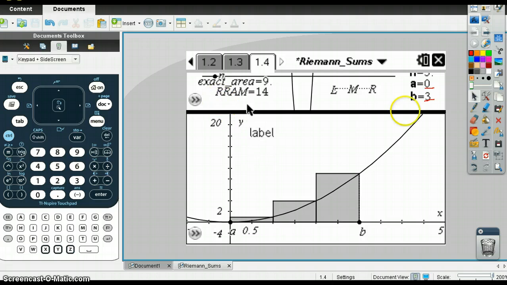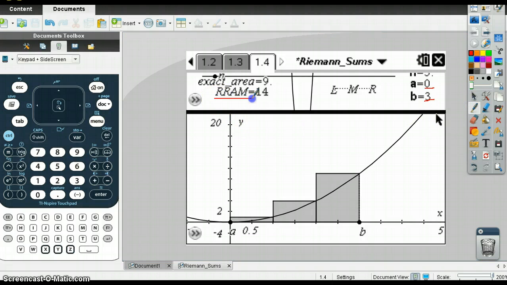So right hand quite literally means start on the right. So we're going to start at the right hand side of our interval, right at 3. So that height right there is f of 3. This height, going this way, is f of 2. And this height, going this way, is f of 1.